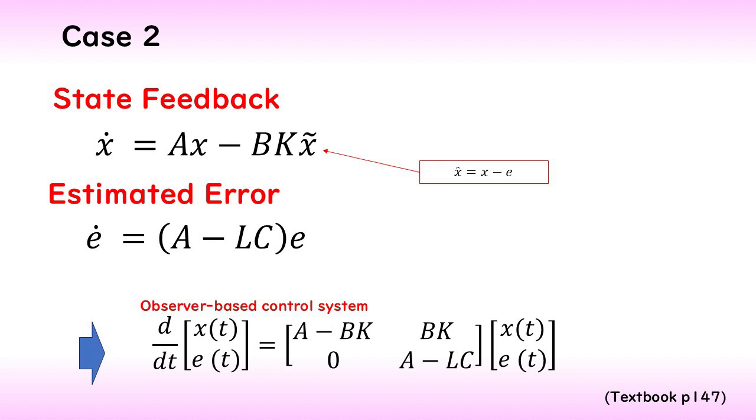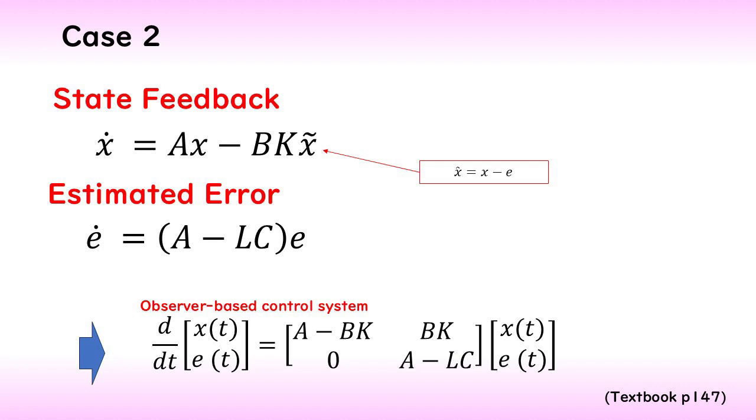This is another form of the observer-based control system, and the state of this system is x and e. We can find the poles of the system are given by two components.